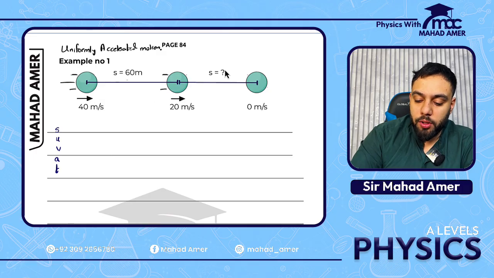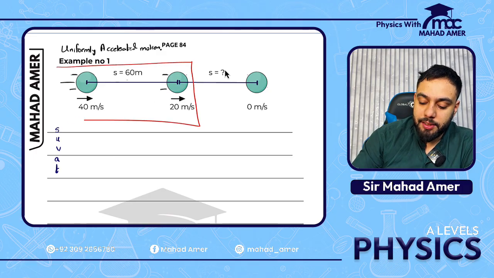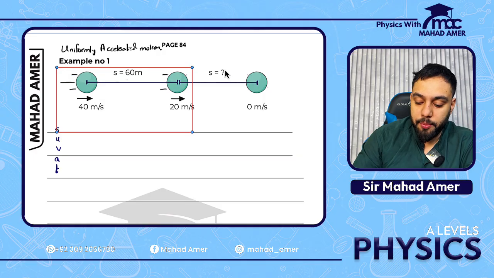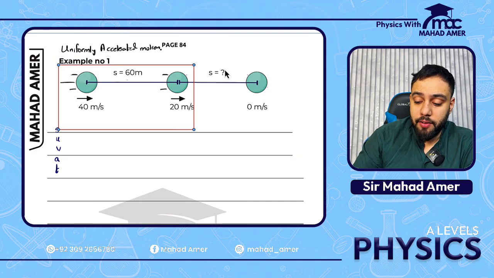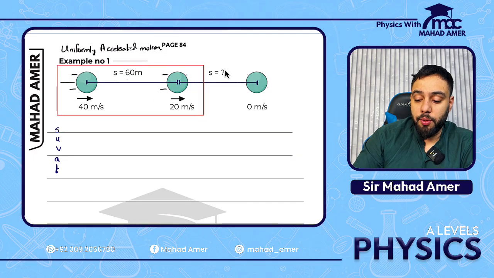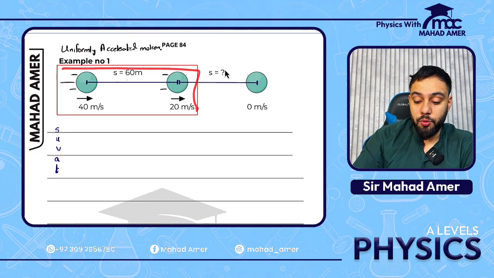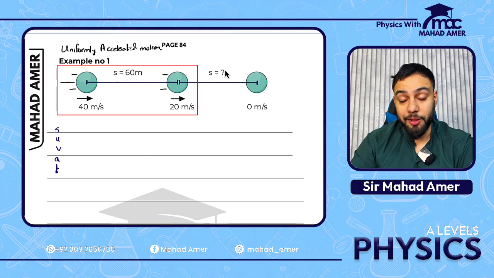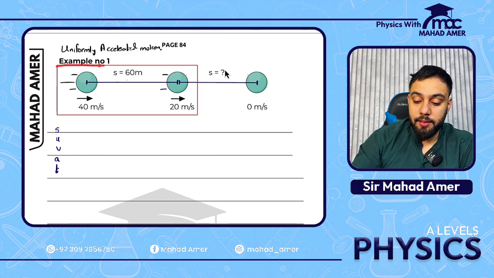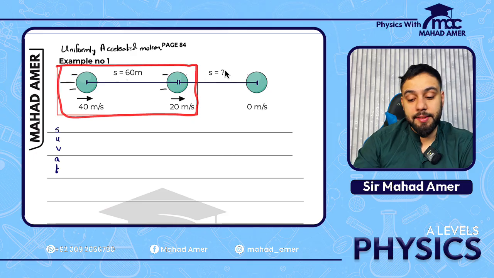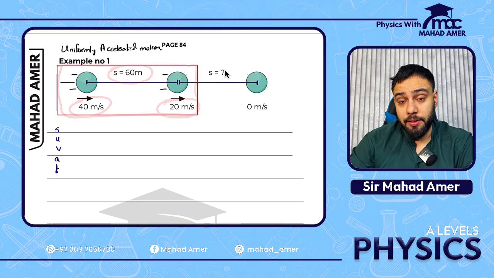This concept that you have to first consider this part of the journey is very important. Whenever they have given you a journey, there are two parts to it. First of all, you have to consider a journey in which you have got multiple information given. If I look at this part of the journey, I can see I've got initial and final velocity, I've got displacement.